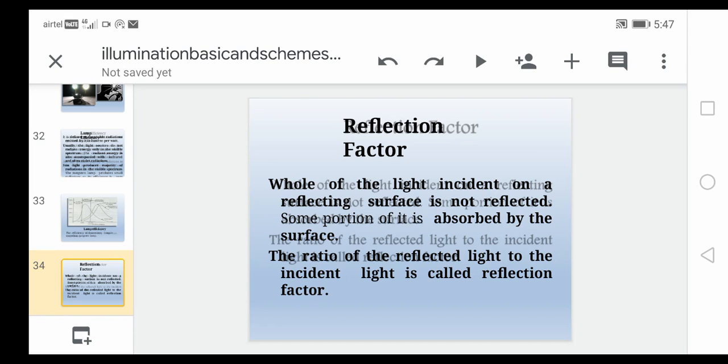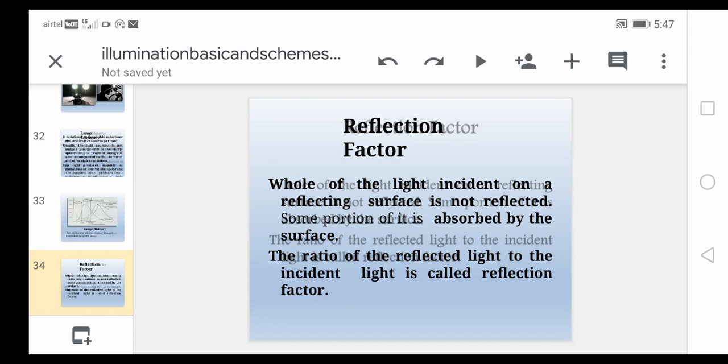Next, we have the reflection factor. Whole of the light incident on a reflecting surface is not reflected. Some portion of it is absorbed by the surface. We know that whenever light falls on a surface, the complete light will not be reflected. Some portion of light will be absorbed by the surface.